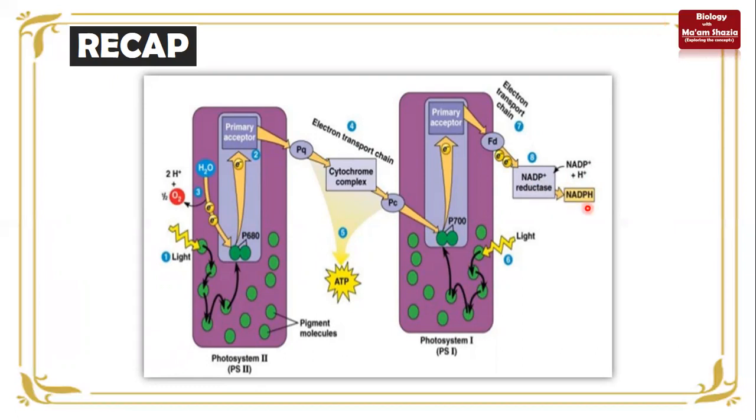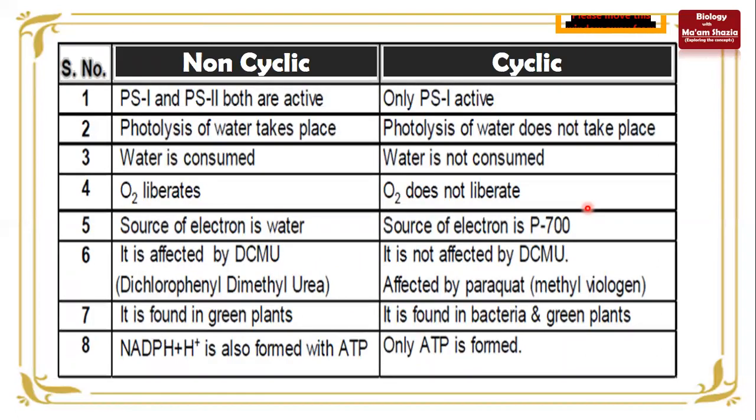It is an assimilating power, a very high energetic compound, produced through the second electron transport chain, and that is called NADPH.